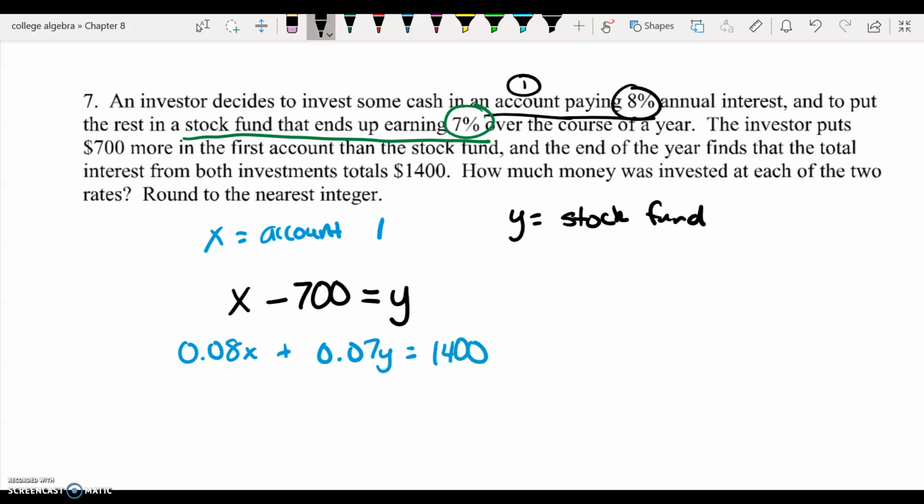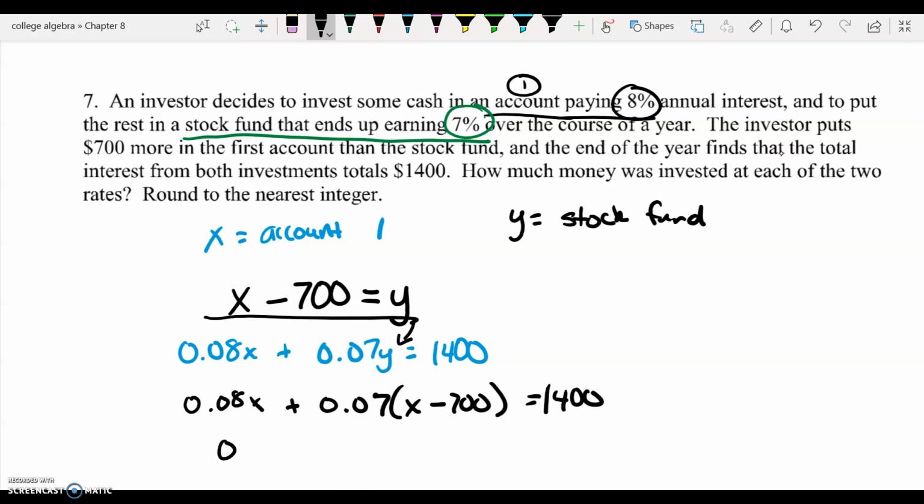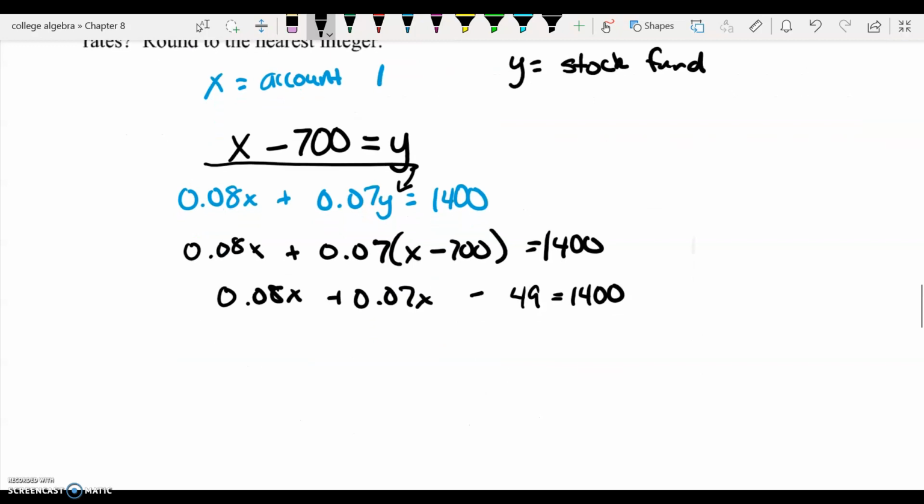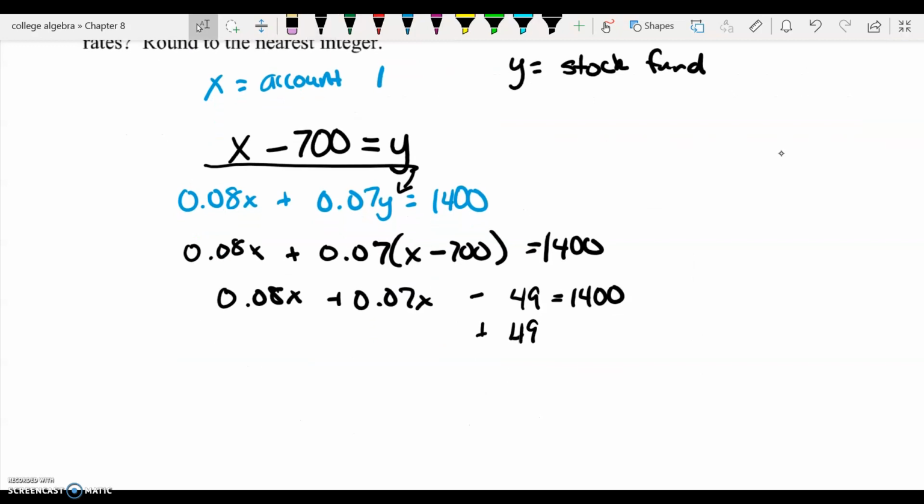Now you can use substitution or elimination to solve these. I'm going to use substitution. I'm going to plug that in for the y in the other equation. So I'm going to solve it like this. $1.5x.